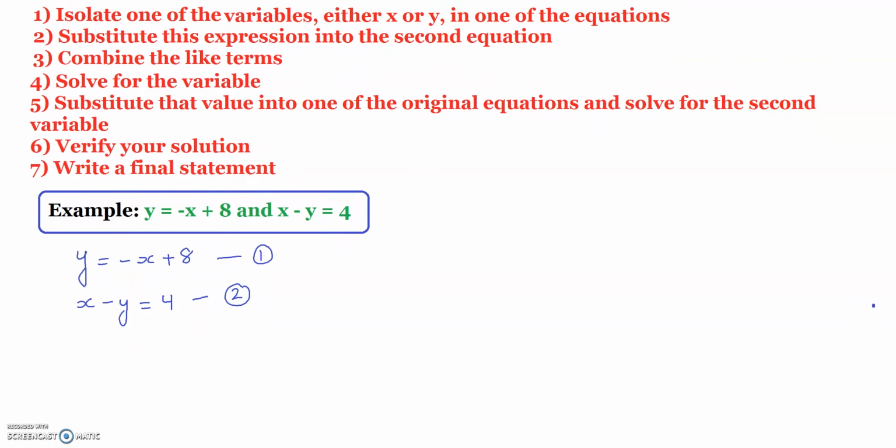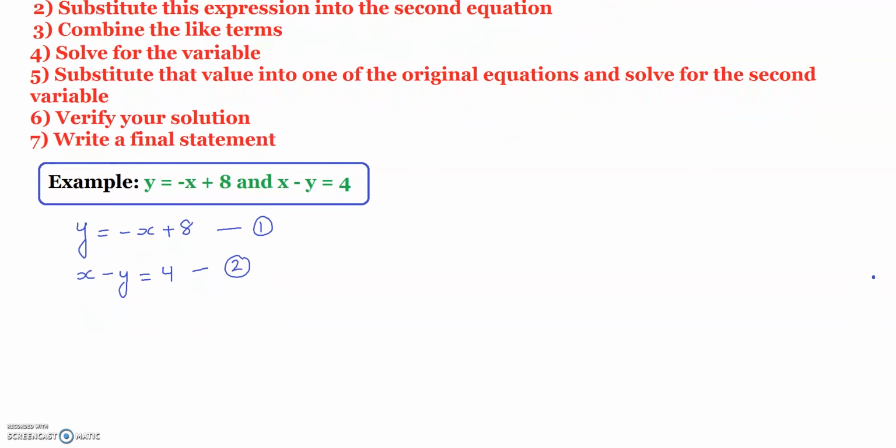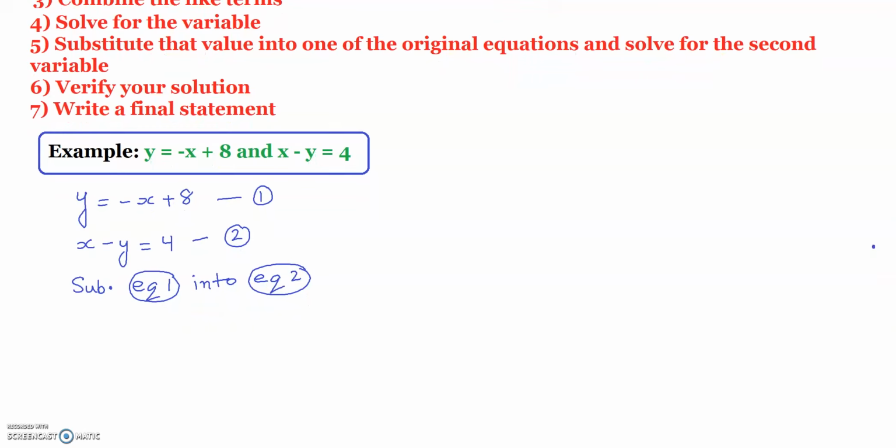So what I will do is substitute the first equation into the second equation. I will write: substitute equation number 1 into equation number 2. Before I start that, I will write equation number 2, and instead of y, I will substitute negative x plus 8, and everything else remains the same.